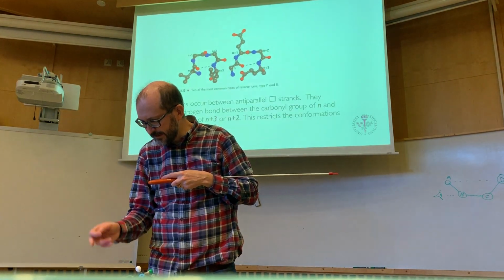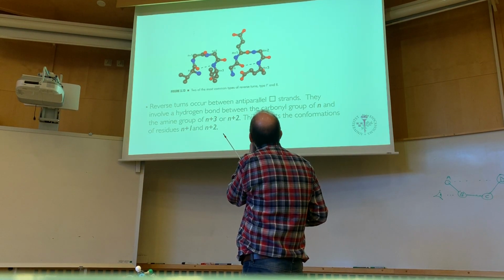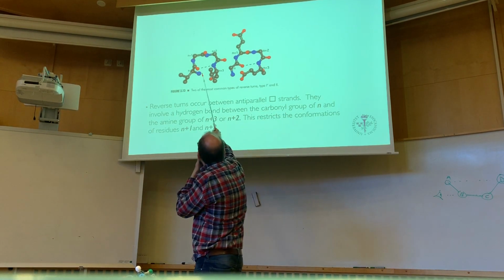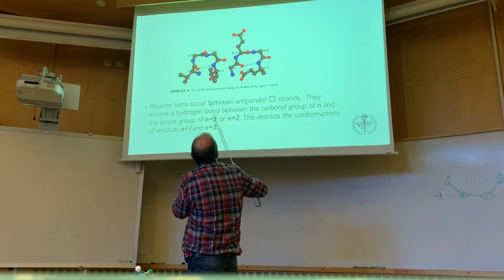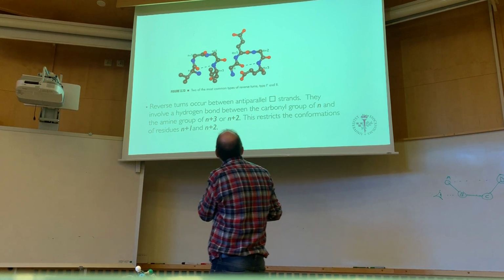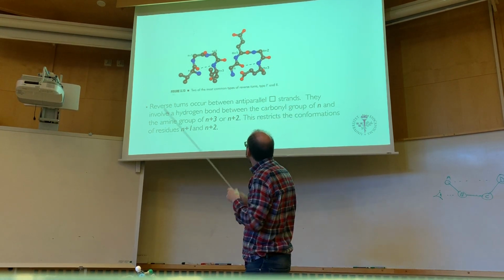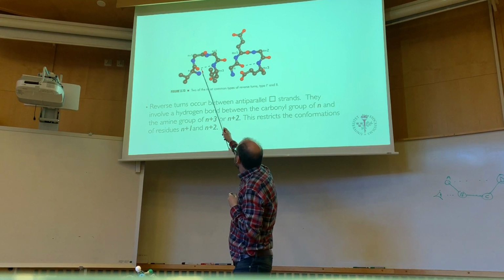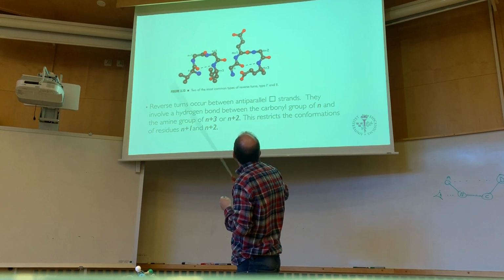So here are these two examples of beta turns. Here's this hydrogen bond that you have, and there are two variants depending on how many residues you have in the turn right here. And you have an interaction between n and n plus 2 or n and n plus 3.